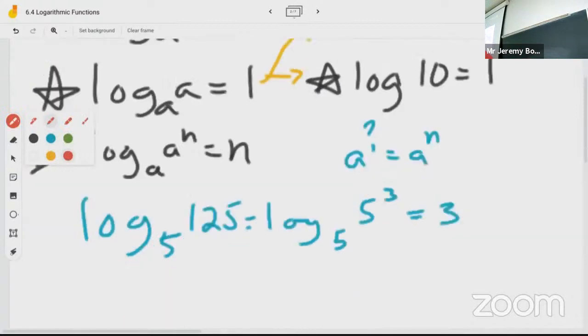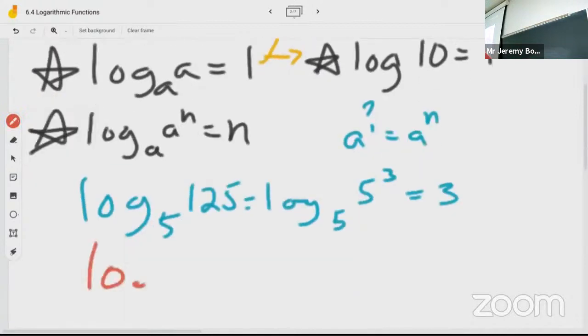And let's talk about one more thing, I guess. What if we did log base 3 of 0?